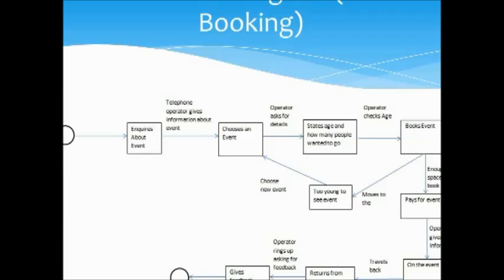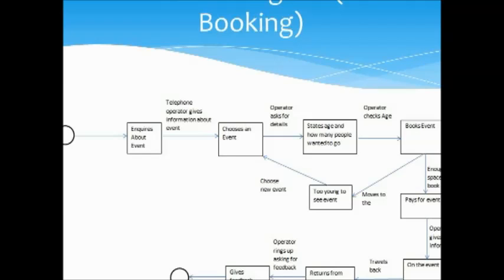The second state transition diagram I'll be looking at will be the customer booking. Again, it uses the state boxes and the events to move it around from each state. So from the start we have the customer inquiring about events, and the telephone operator will then give information about the event, moving it along for the customer to choose an event. The operator then asks the details. The customer will state how old they are and how many people want to go.